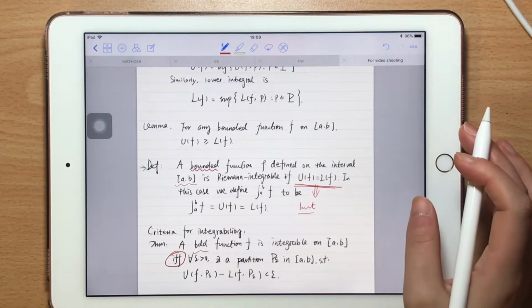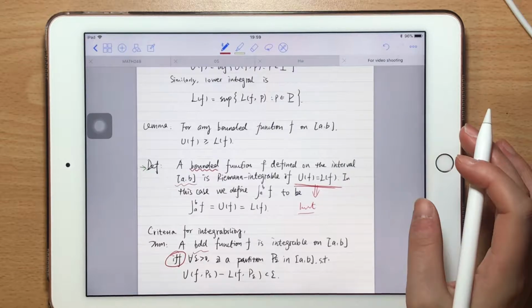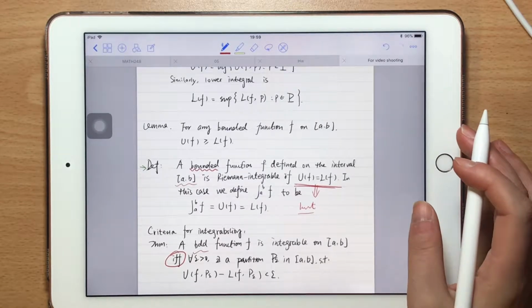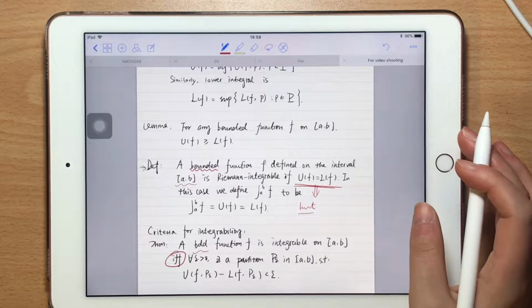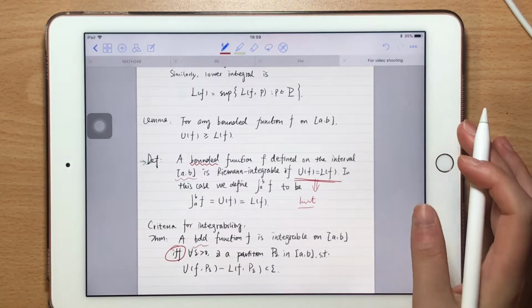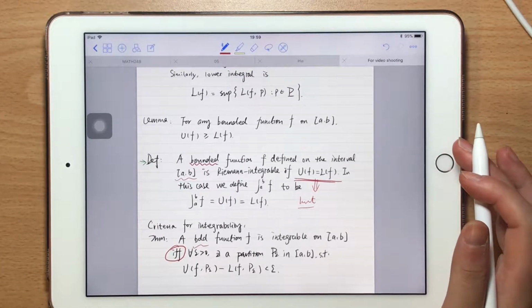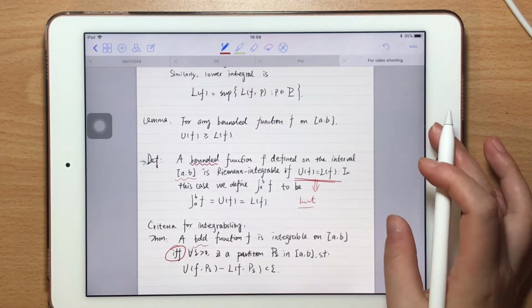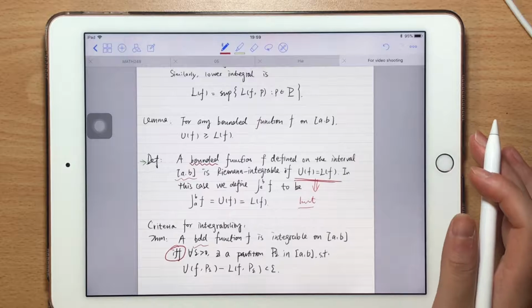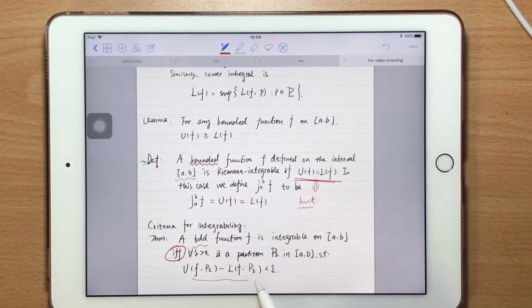And when you are given epsilon, a small gap, epsilon larger than 0, if you can find some partition such that under this partition the difference between the upper sum and the lower sum is very small, and even if you take epsilon smaller and smaller, extremely close to 0, you can still find some p epsilon, some partition such that this inequality holds, then it's almost the same as saying the upper sum of f with respect to p epsilon is approximately equal to the lower sum of f with respect to p epsilon, right?